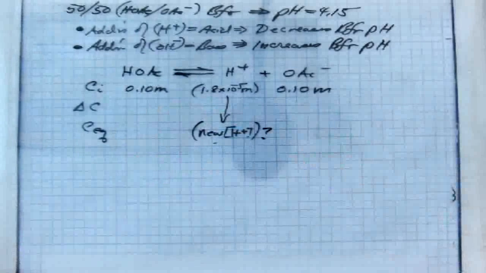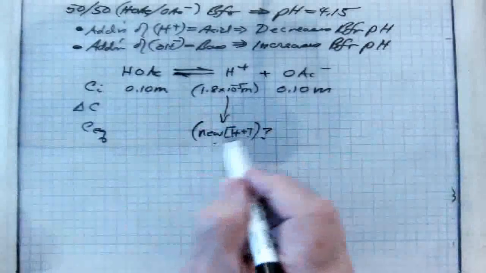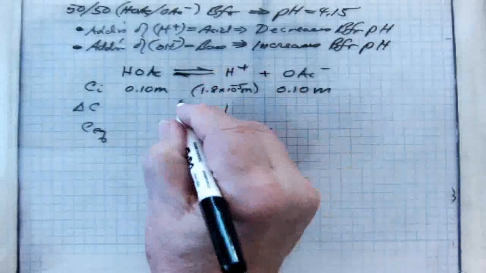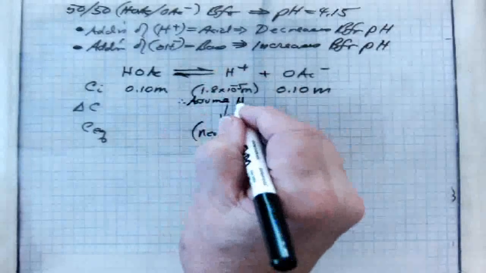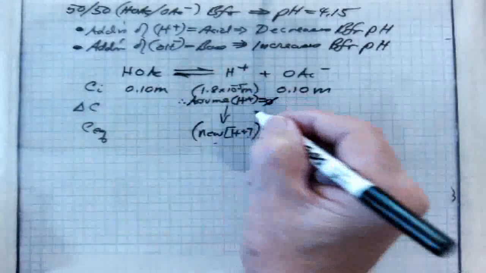And then we're going to add H+. Add 0.02 molar HCl, which is the same thing as 0.02 molar H+.